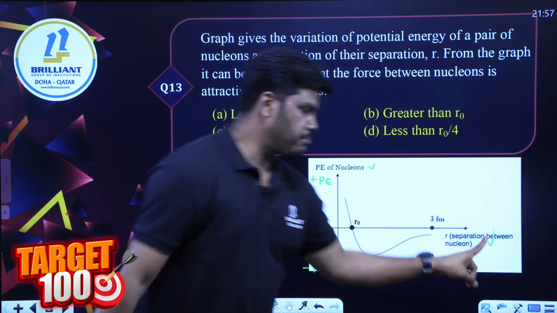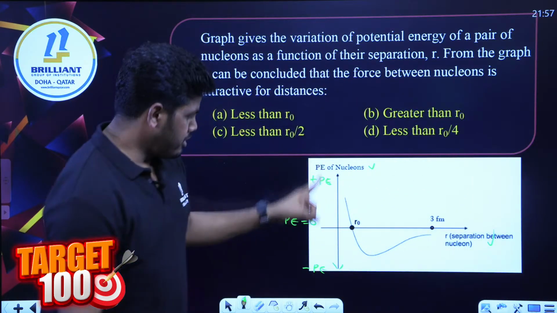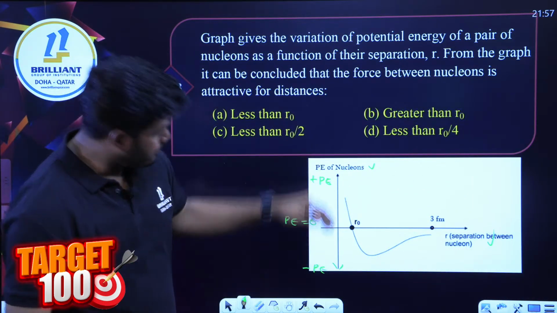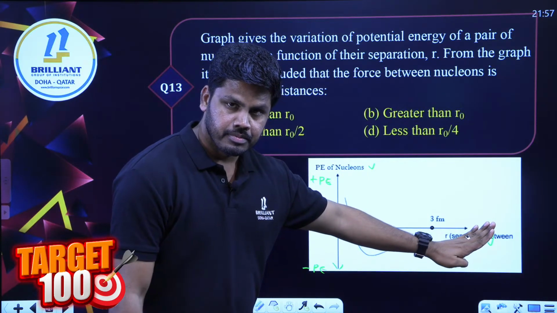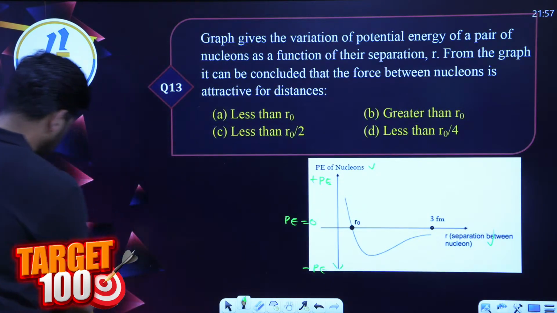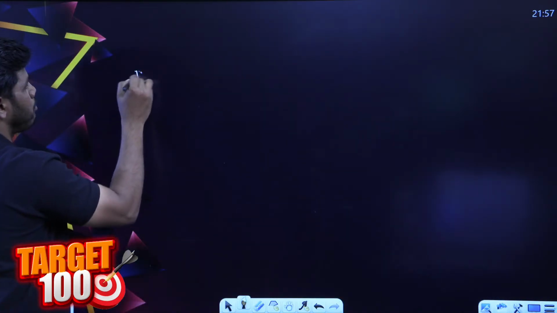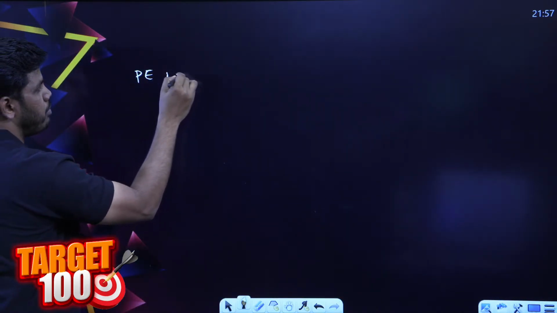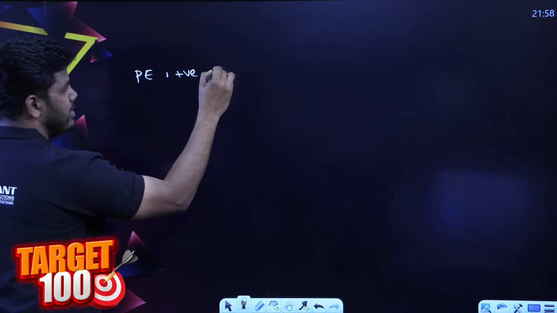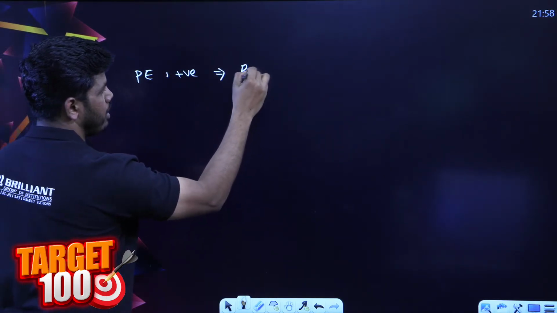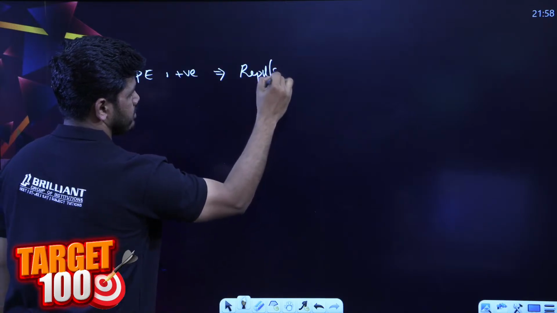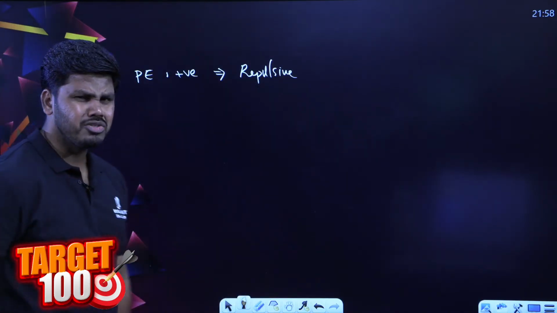When I increase the separation R, potential energy is found varying. That variation is given in the graph, right? And we have to remember the nature of the force based on the potential energy. Whenever potential energy is positive, the nature of the force is repulsive, right? Repulsive. This is not new for us.